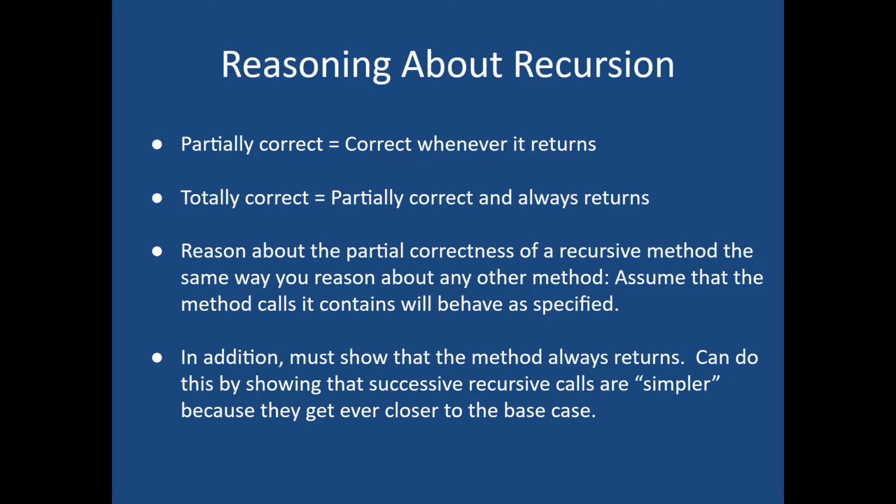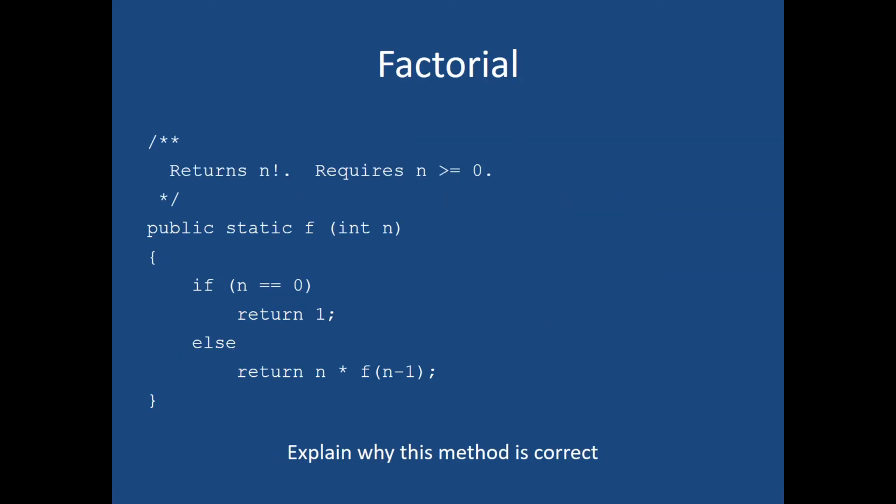So going back, we know that's partially correct. Is it totally correct? Yeah. It always returns. What's the argument that it's not going to go into some infinite recursion? Why do we know that it always eventually returns? It'll go down to the base case, and the base case returns. Why do you know it's going to go down to the base case eventually?